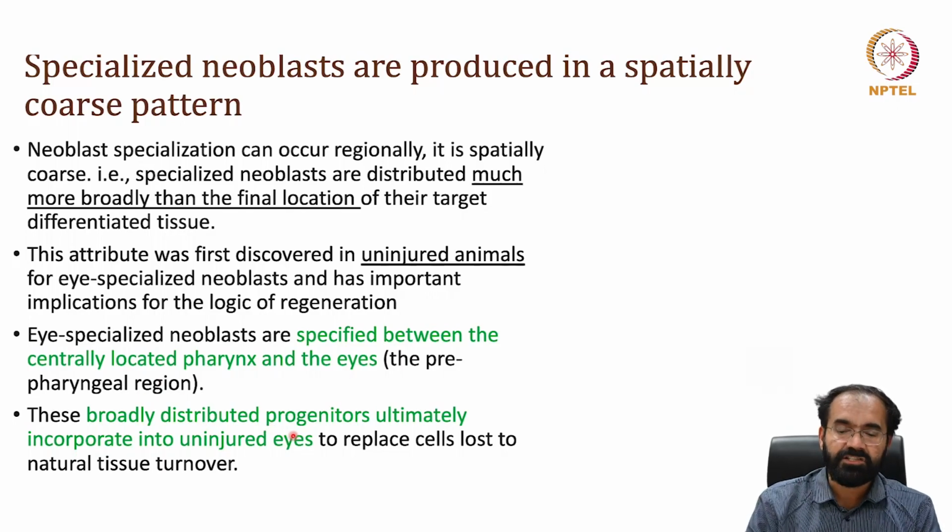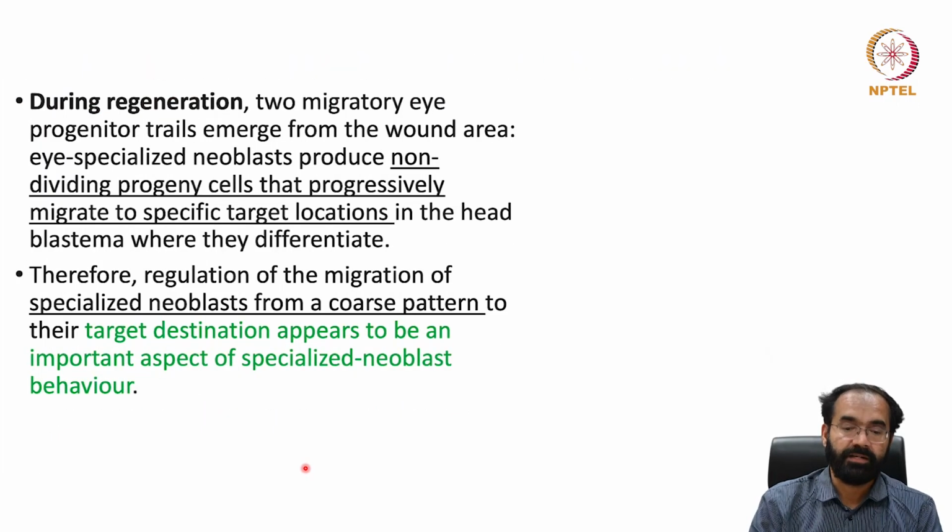These broadly distributed progenitors ultimately incorporate into uninjured eyes. Why uninjured eye? The eye is constantly being developed because it has to be. So none of the eye progenitors are jobless. They are waiting for their turn. When will I get a chance to get into the eye? This is their way of living, to replace the cells lost due to natural cell or tissue turnover. So they keep on getting incorporated.